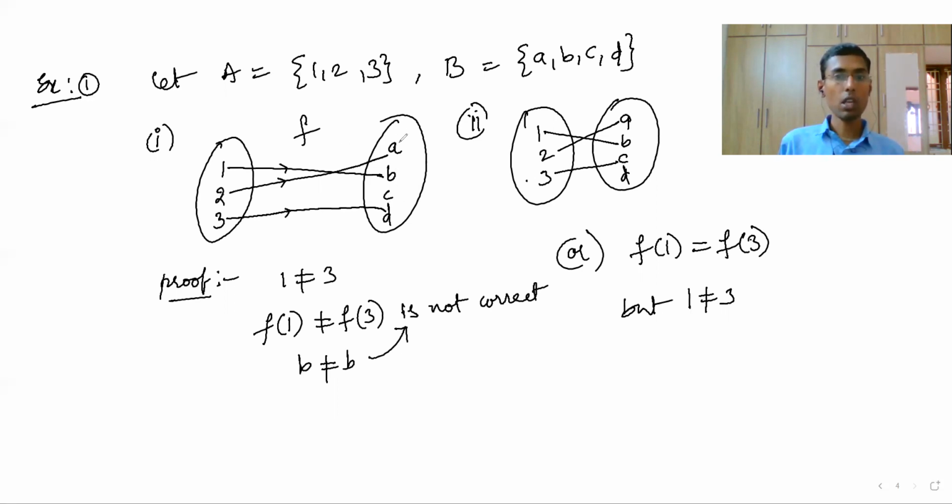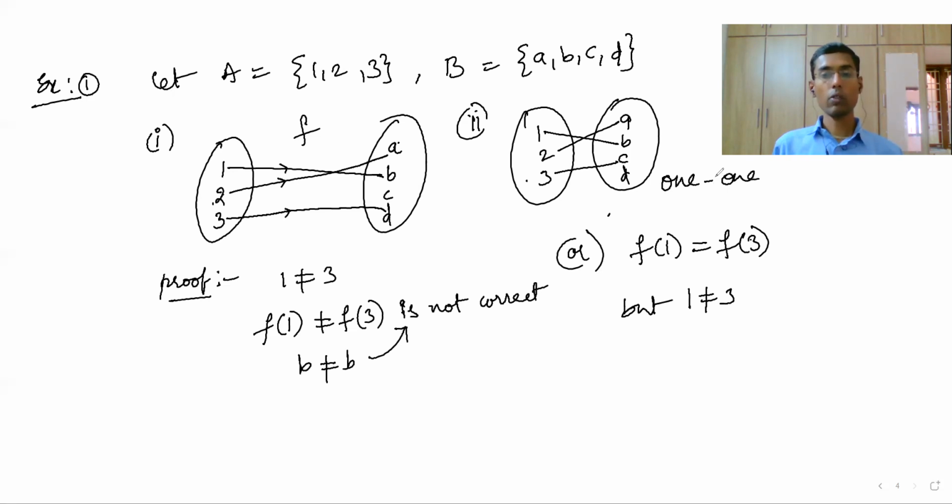Image of 2 is A, and pre-image of A is 2. Like that we say. Here also the pre-image of C is 3. D has no pre-image. Yes, sir, got it.